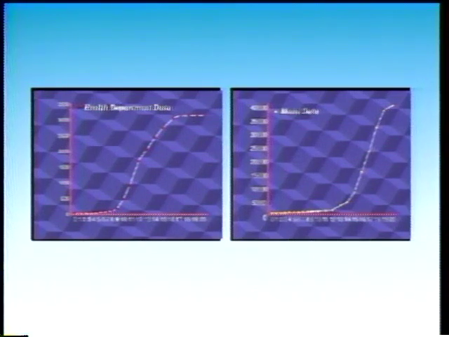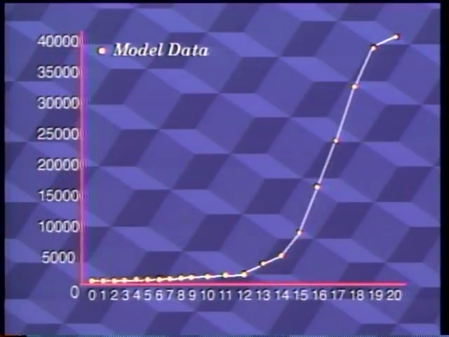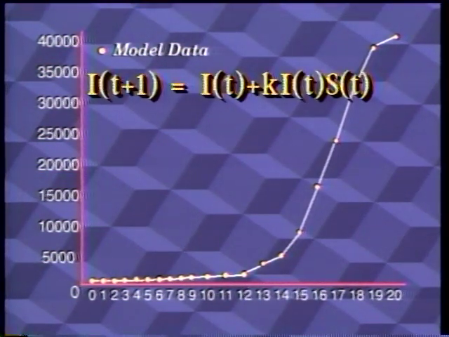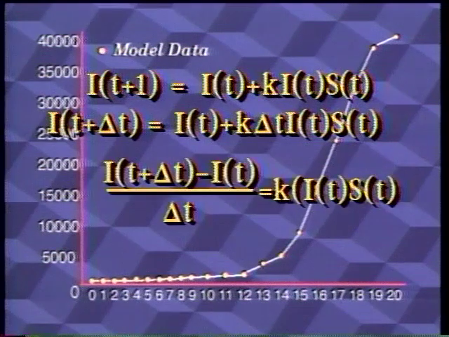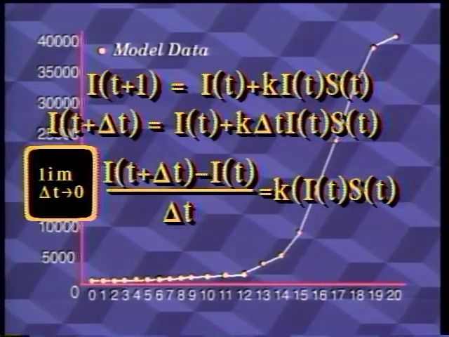So let's try again. This time, we'll use calculus to test this model by changing our nonlinear difference equation to a nonlinear differential equation. We do this by changing the time period. With some rearrangement, this expression can be written as: we now take the limit as delta t approaches 0.